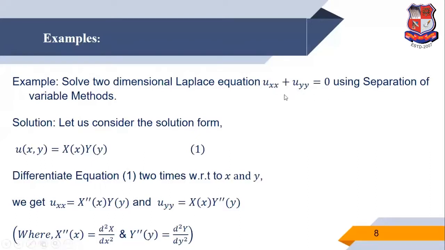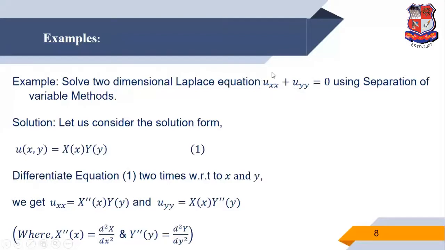So first, in this equation, u is the dependent variable, x and y are independent variables. So we write u of xy is equal to capital X of x, capital Y of y. But here, this differential equation is not first order, it is second order. Uxx means del square u by del x square, and uyy means del square u by del y square.